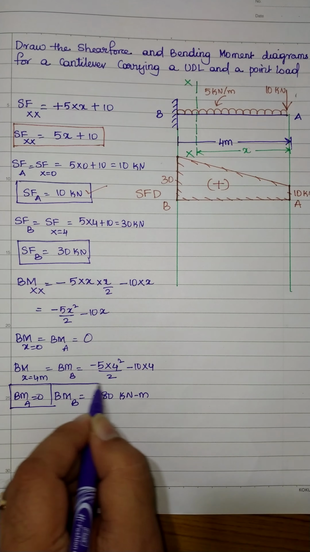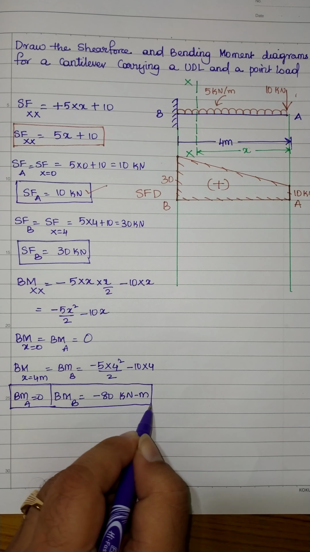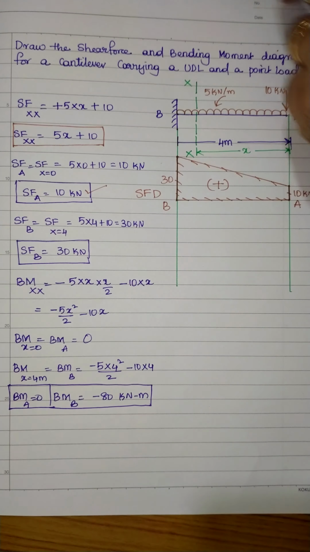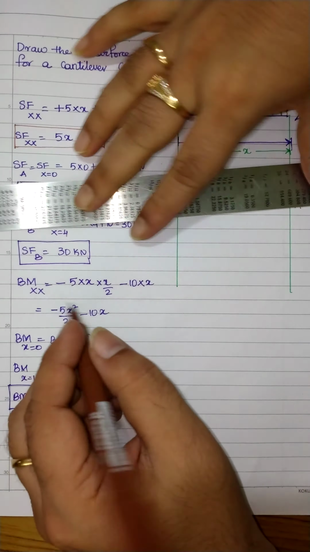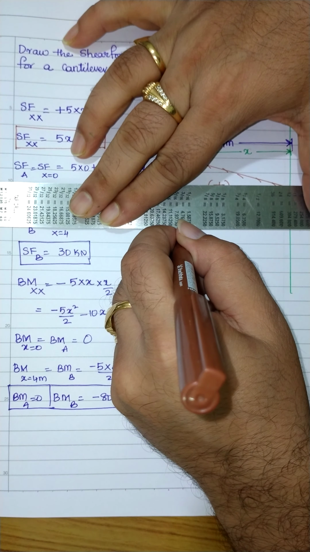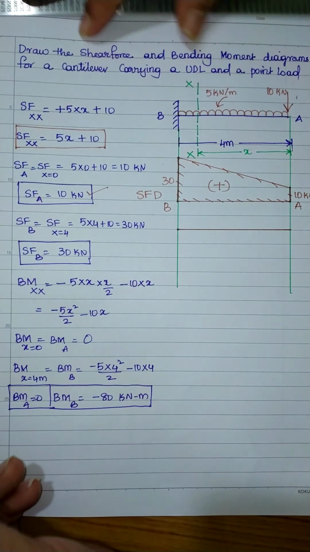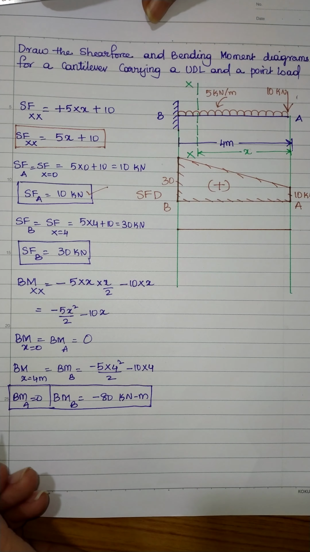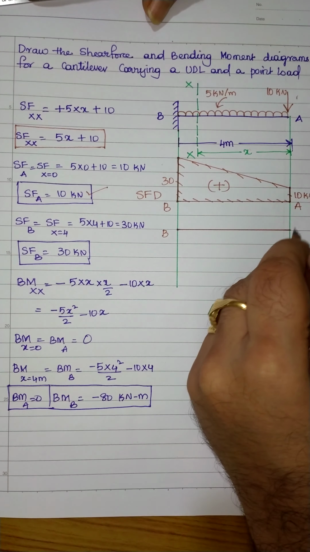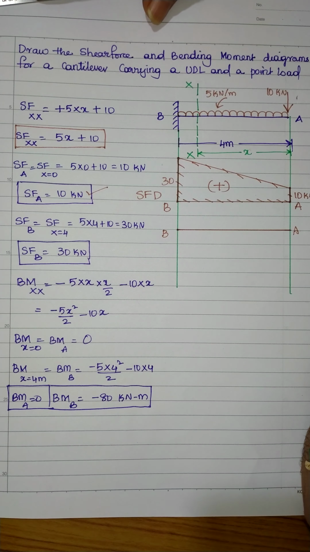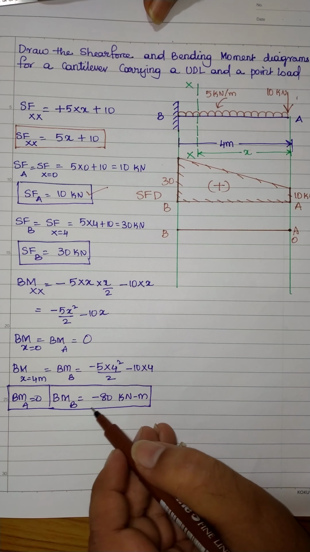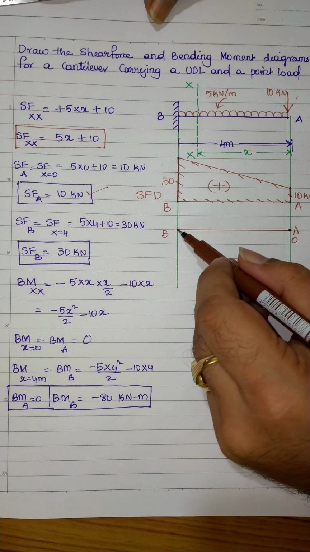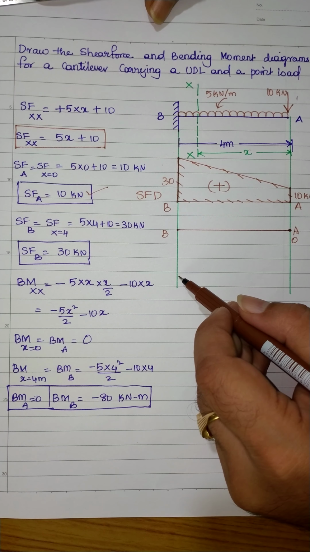We got two values here. Now using these two equations and two values, I would like to draw the bending moment diagram. Again, we need to draw the baseline first. This is the baseline, and with respect to the baseline, at point B and at point A, I am going to mark the bending moment values. Bending moment at point A is equal to 0, and bending moment at point B is minus 80 kilonewton meter. Negative means it should be drawn below the baseline.